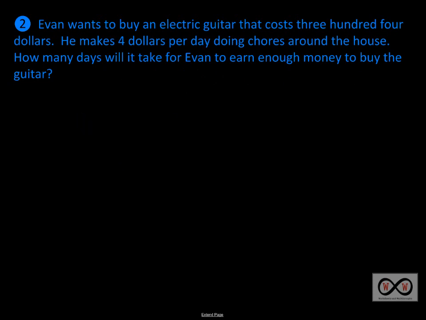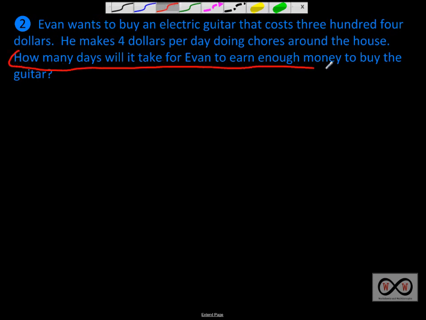Again, we've got a math job right in that question. So we'd like to circle that question so we can understand what our math job is. So we have to figure out how many days it's going to take Evan to earn enough money for that electric guitar that he wants so badly.